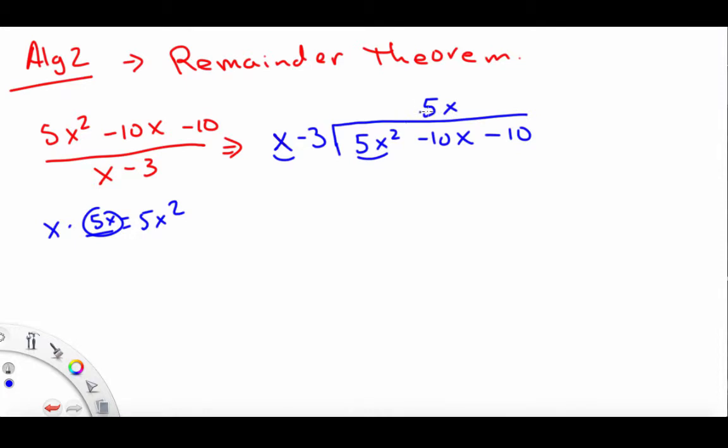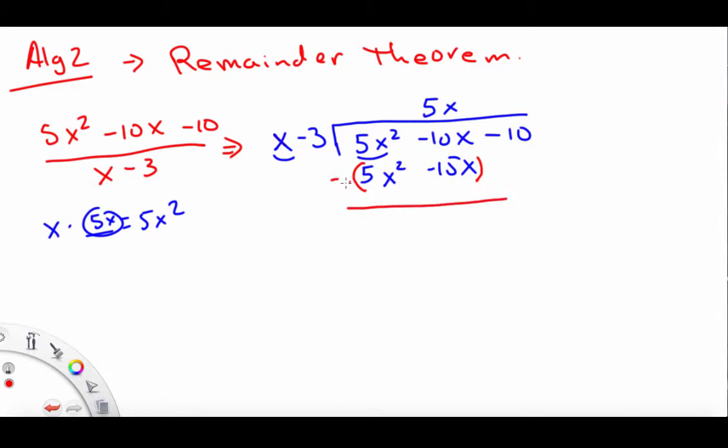Now we're going to multiply 5x times x and negative 3. So 5x times negative 3 is negative 15x, and 5x times x is positive 5x squared. Now we can subtract, but we put parentheses around our results. Before we do that, we need to use the distributive property.